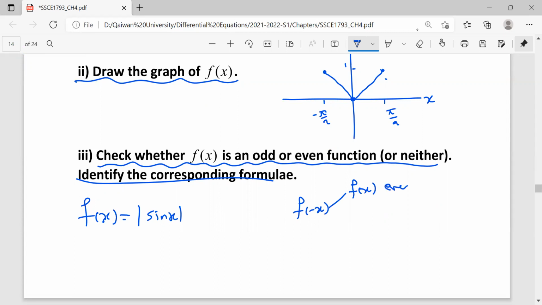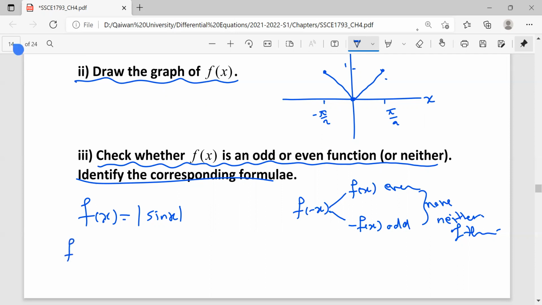If it equals minus f of x, it's odd. If it equals neither of them, it means the function is neither even nor odd.